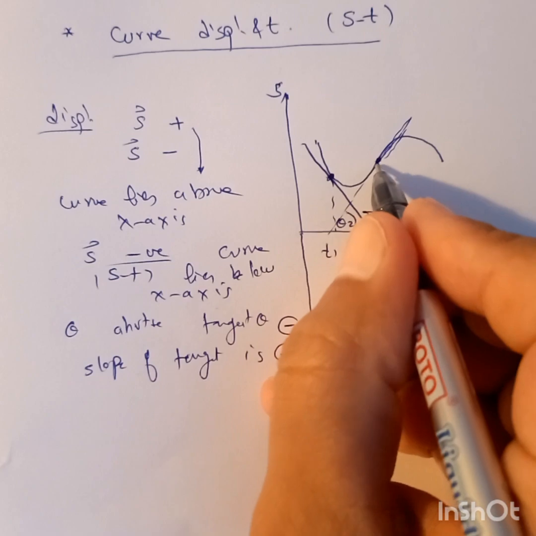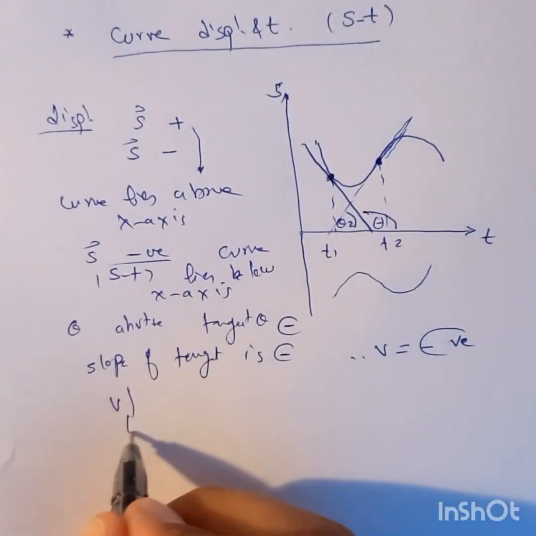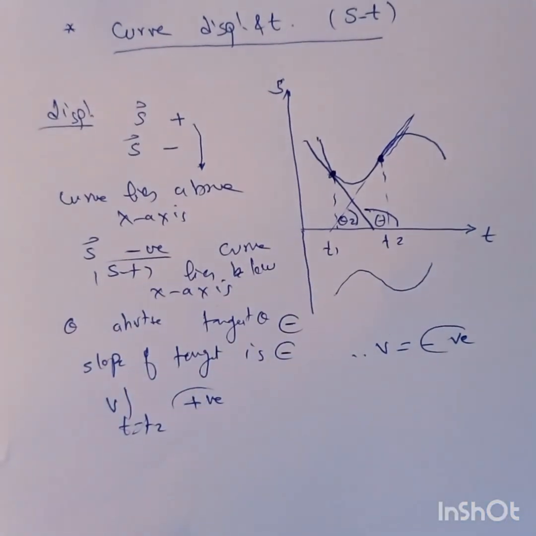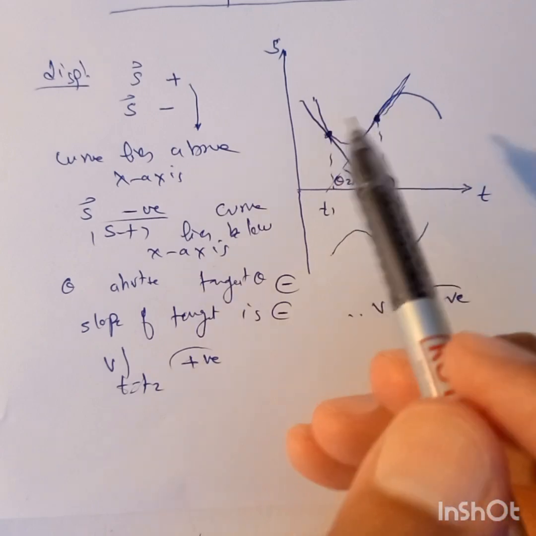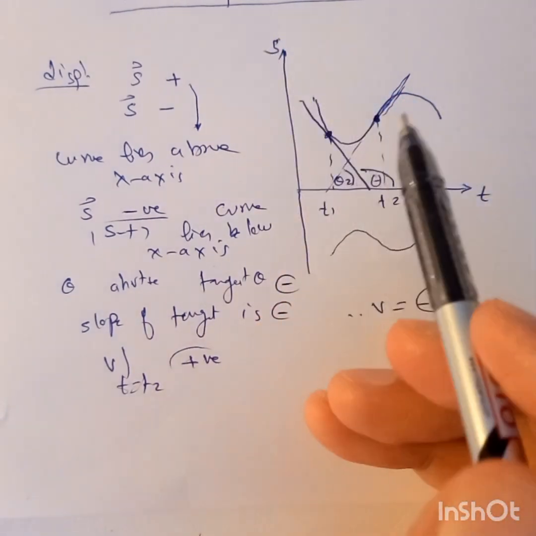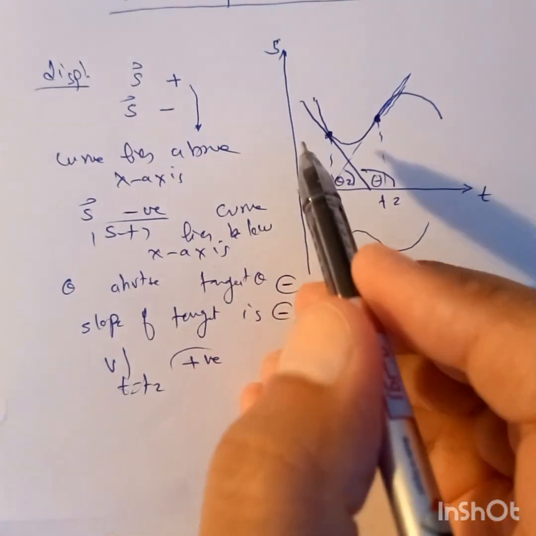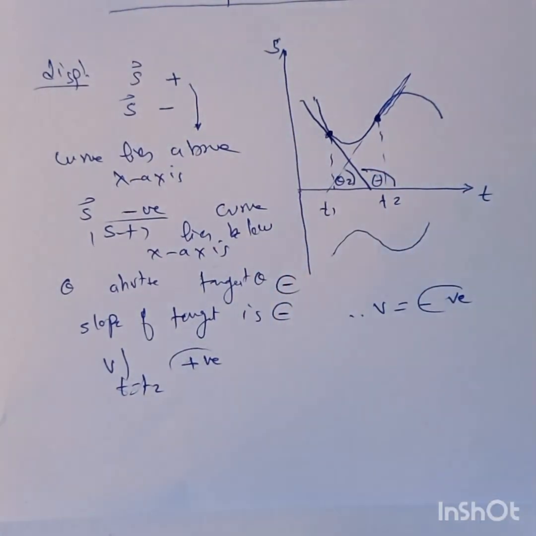Then the velocity at t equals t2 is a positive value. Now from this curve we identify the sign of displacement, and also we identify the sign of velocity, as we explained before.